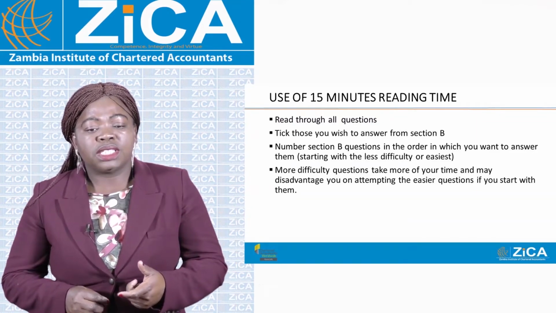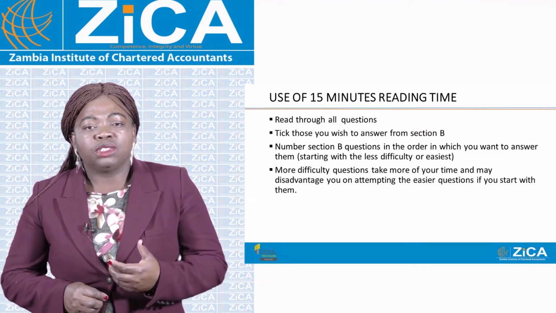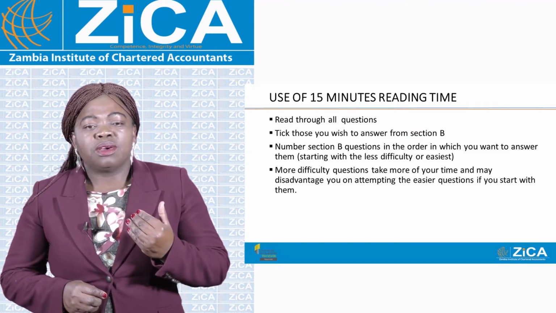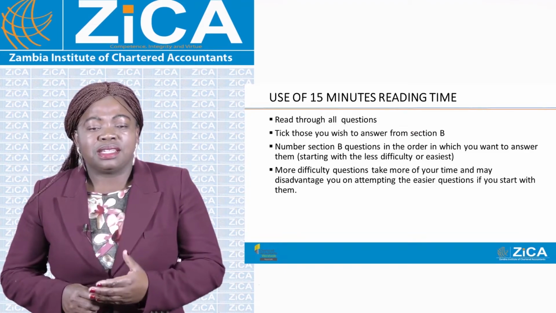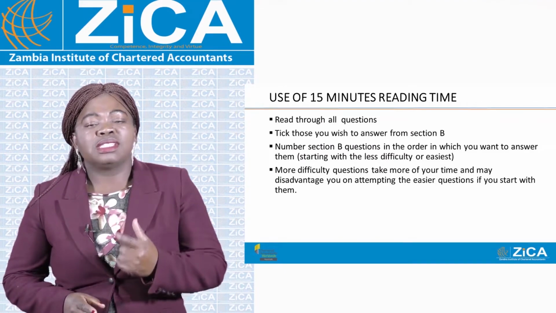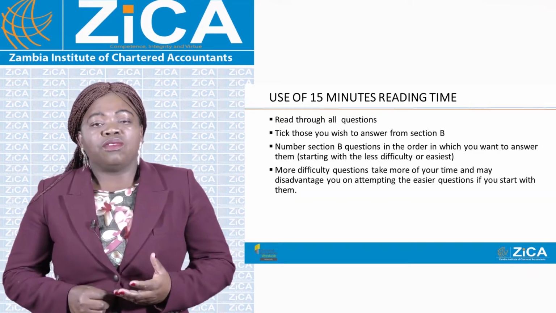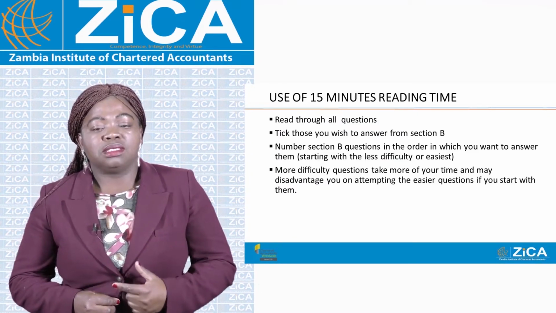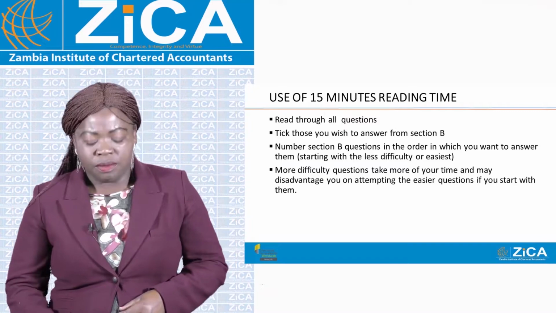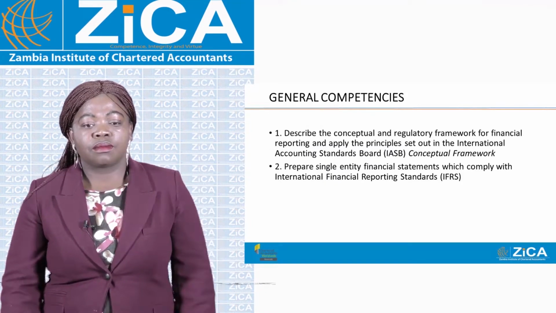So go through the questions, read them thoroughly, understand the content, and depending on your level of preparedness, identify the easiest question and start with it. By doing so, you avoid spending an unnecessarily long time on a particular question. So very, very important.